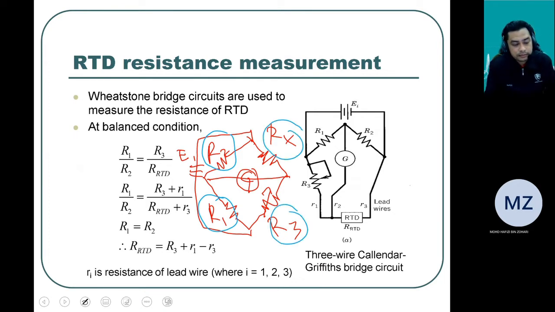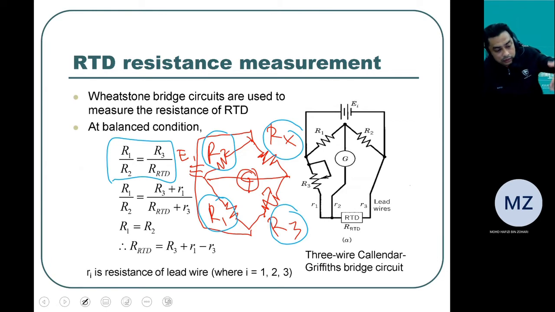Okay, so if you look at the equation, it's actually a ratio between R1 and R2 equal to R3 and RTD. If you put R2 over R1, it must be equal to Rx over R3. So if you change the position up and down, then we should be accordingly.